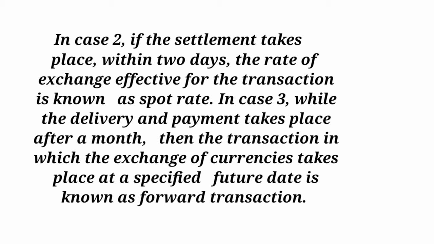In case 2, if the settlement takes place within 2 days, the rate exchanged effectively for the transaction is known as the spot rate. In case 3, where the delivery and payment take place after a month, the transaction in which the exchange of currencies takes place at a specified future date is known as a forward transaction.